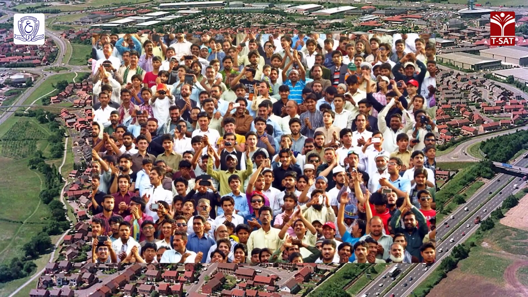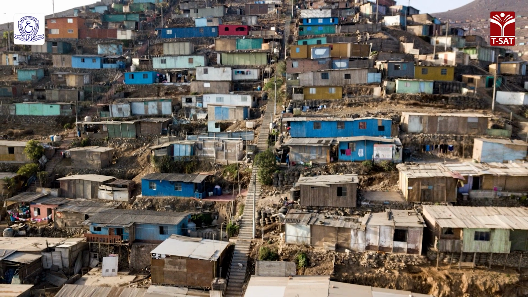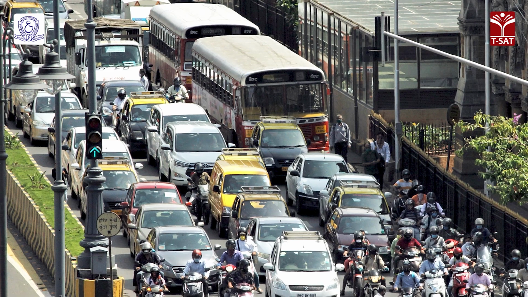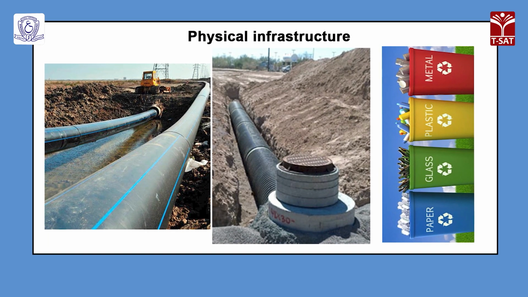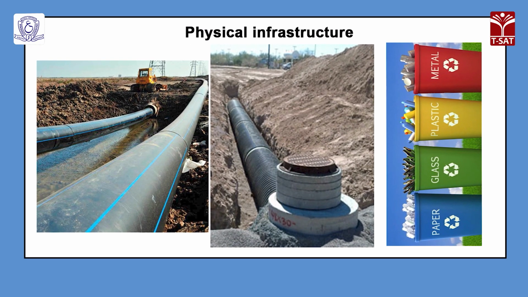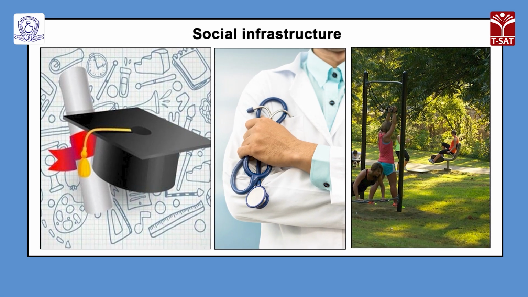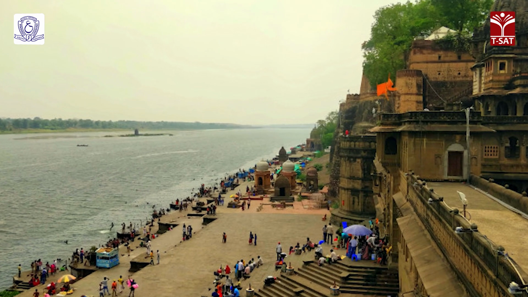evolution, demographic studies, socio-economic studies, housing, slums, poverty, trade and commerce, industries, traffic and transportation, physical infrastructure like water supply, sewage, solid waste management, social infrastructure like educational, medical, recreational facilities, environment, heritage and tourism, growth pattern, land use and available studies and report.